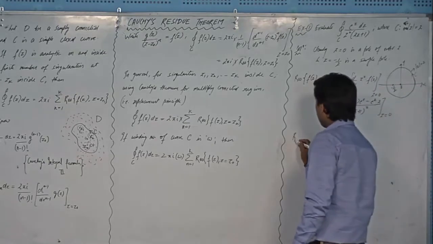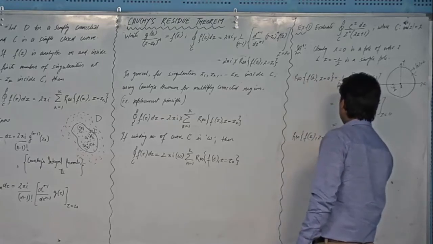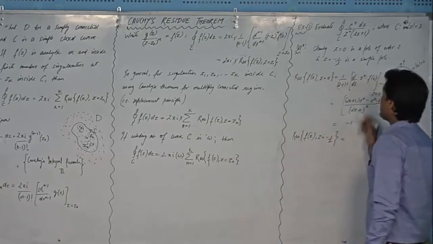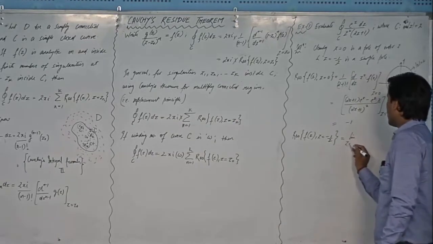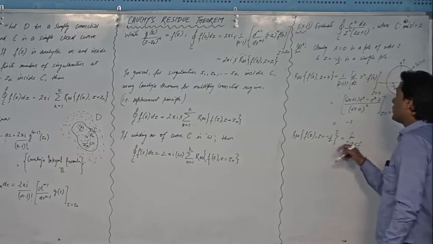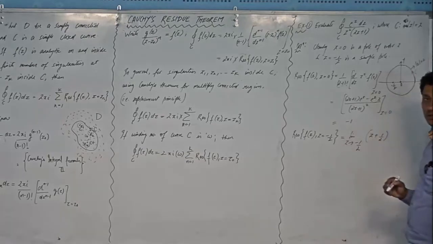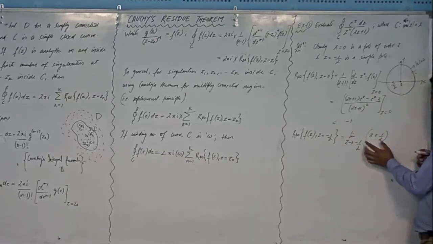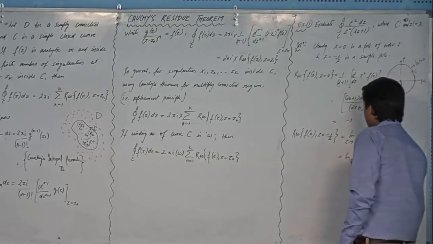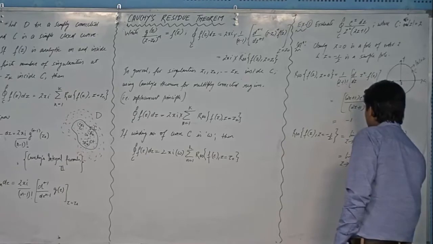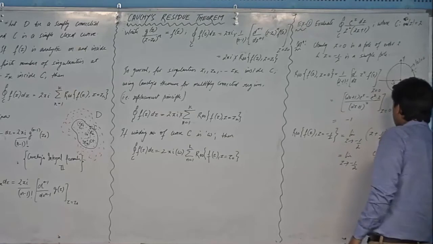Now evaluating the residue at the other pole, that is minus half. Since it is a simple pole, I will use the first formula, that is the limit z tends to that pole of (z minus z naught) multiplied by f(z). In place of z minus z naught I have z plus half, and multiplied by f(z) that gives e to the power z.